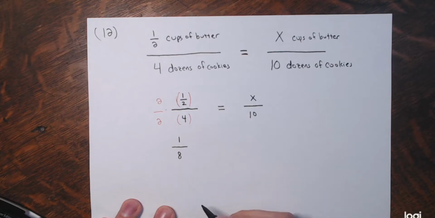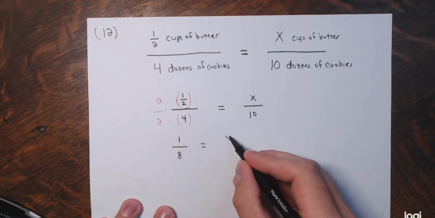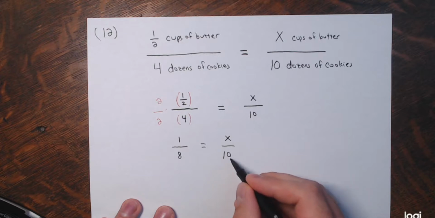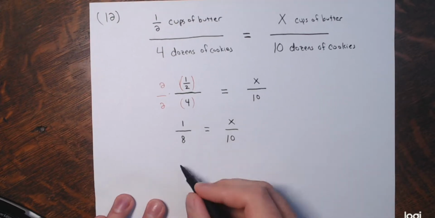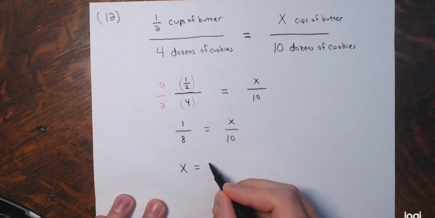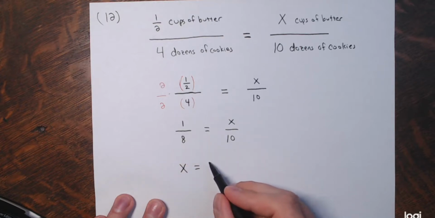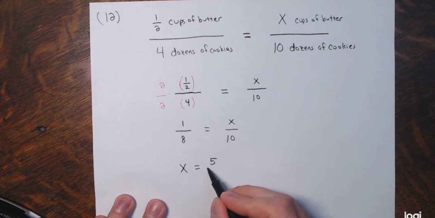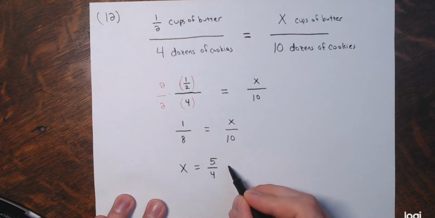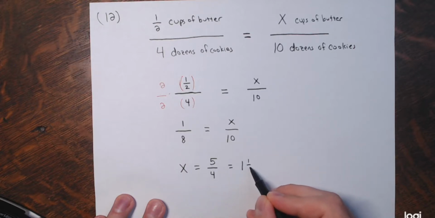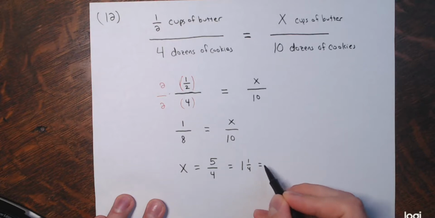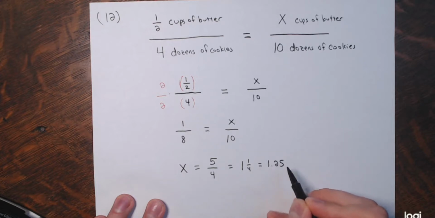Equals X over 10, and then I would just be multiplying by 10. So X equals 10/8, 10 times 1 over 8, which would reduce to 5/4, or 1 1/4 if you like mixed numbers, or 1.25 if you like decimals. These are all the same number.